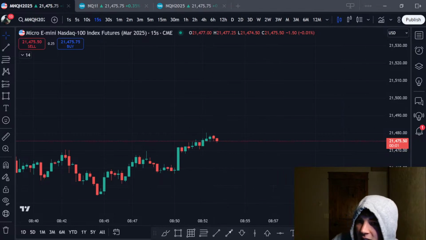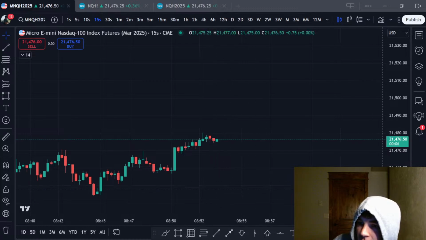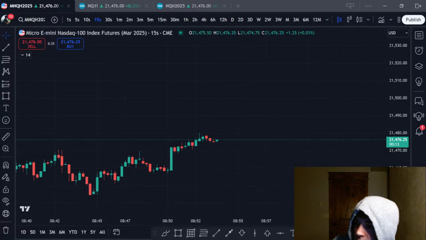Actually, I feel like I don't need these PO3 candles showing up all the time. Maybe just the 4 hour one, which might be the only one that's super relevant. Or maybe the 2 hour one.